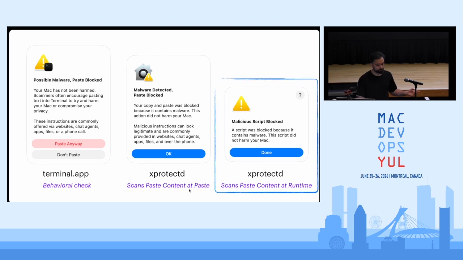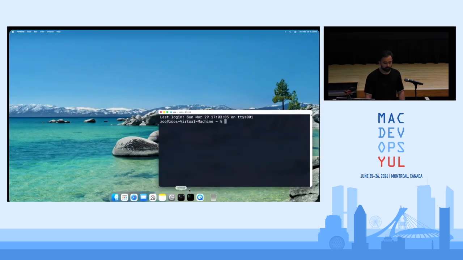There's also a third prompt, which is the one that you see here for malicious script blocked. And this one actually scans paste content at runtime. So you might be thinking, okay, what happens when an attacker encodes their command, makes you run an echo piped to a base64 decode and then piped to another interpreter, or they completely encrypt their command in some way.